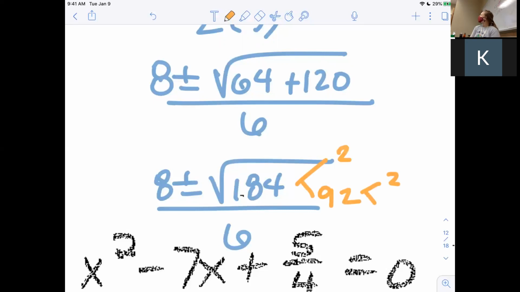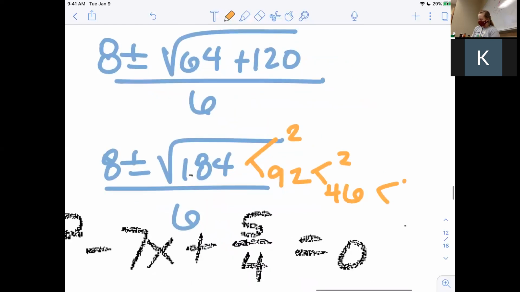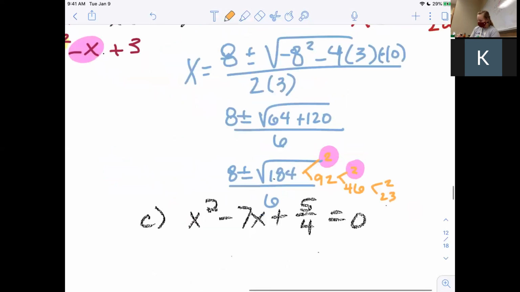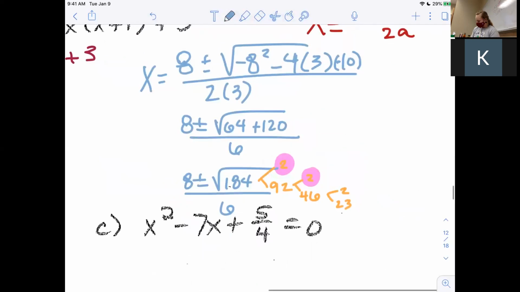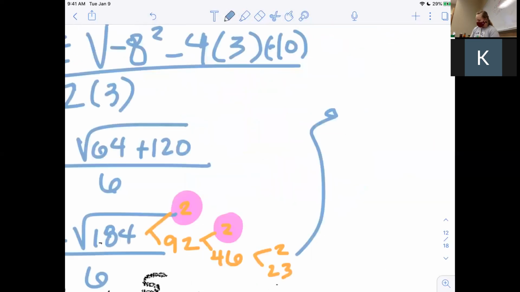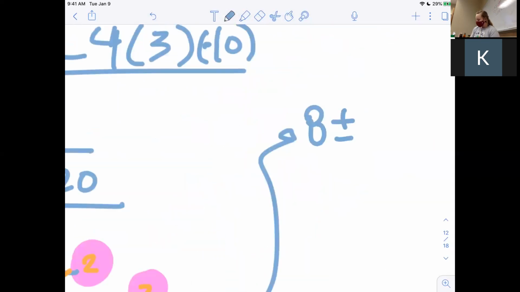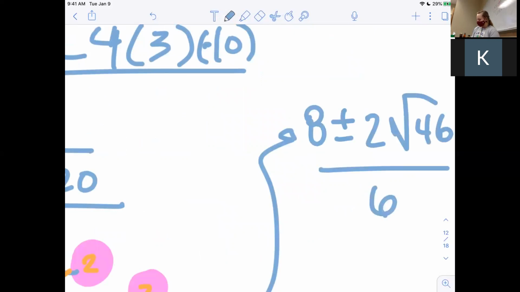And 92 becomes 2 and 46. And 46 becomes 2 and 23. I only have one pair in common though, one 2 pair. So I'll put it over here as 8 plus or minus 2 root 46, excuse me, over 6.